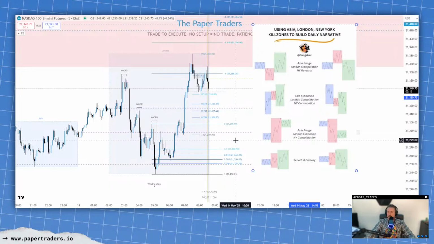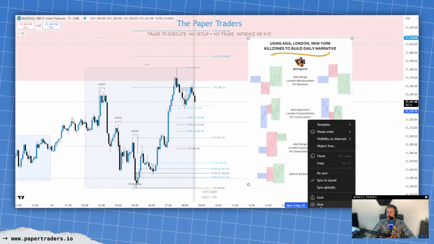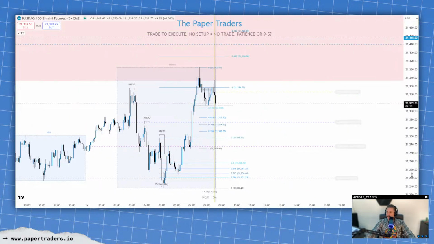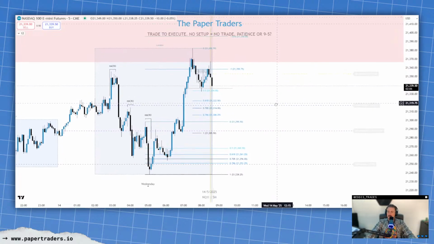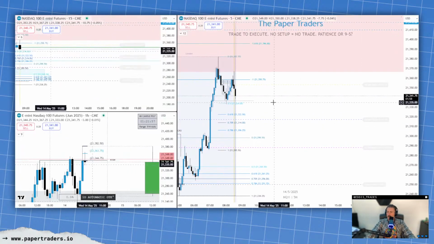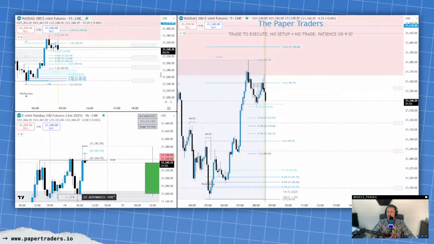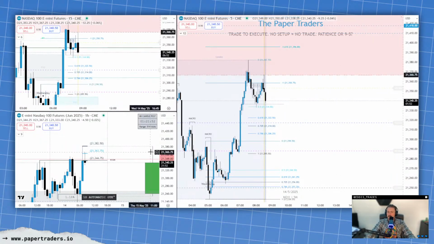We would want to see possibly this take out London low, and then from there, we can see a nice reversal. That's the basic principle of it and what we are looking for in this current market condition, right? Obviously it doesn't have to happen. It is just a speculation, but that is our if-then plan.